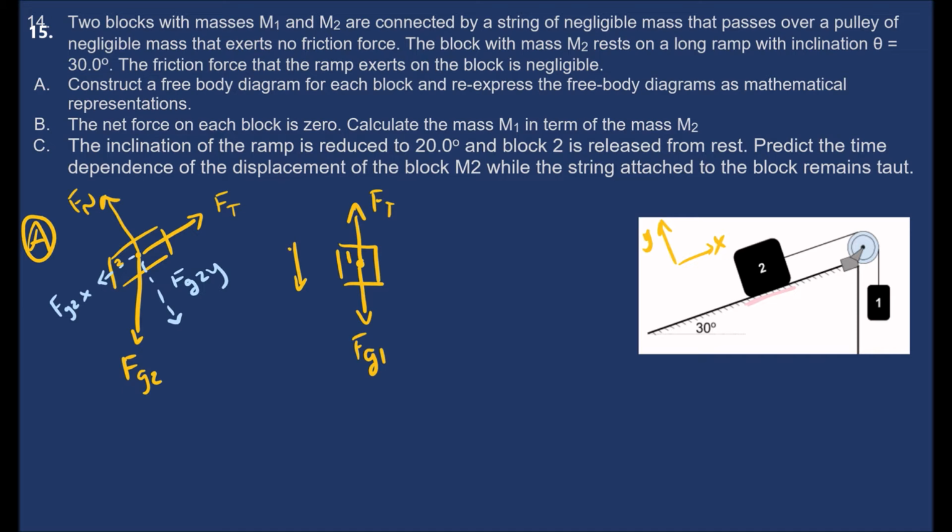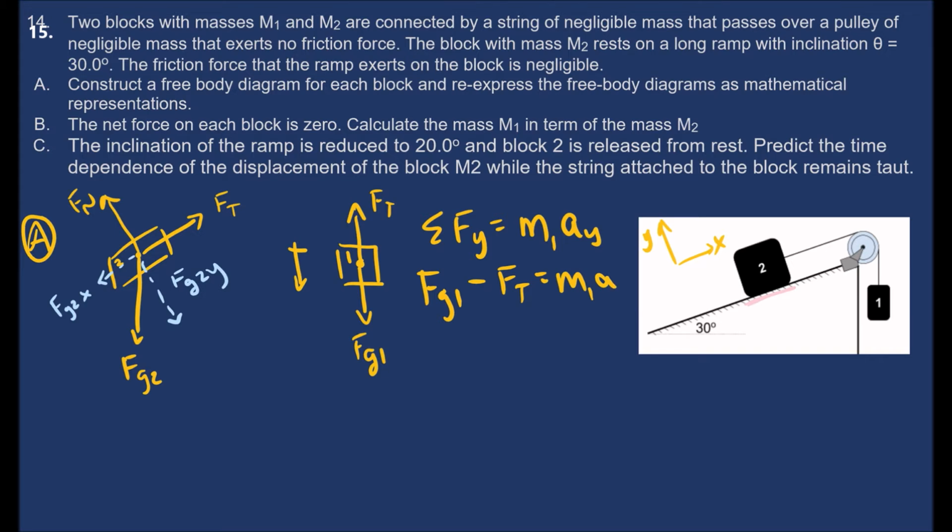We would say the sum of the forces in this y direction equals the mass of 1 times acceleration in this y direction. So if the positive is downward, we have Fg1 as our first force minus Ft equals M1A.